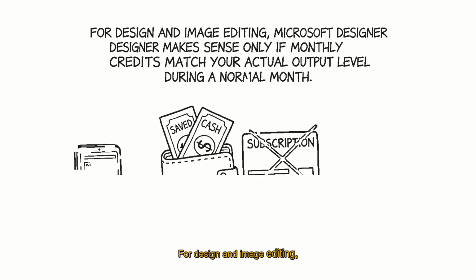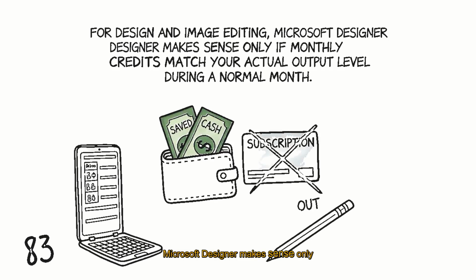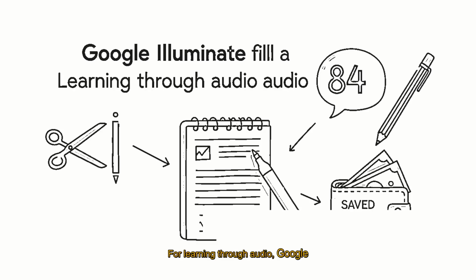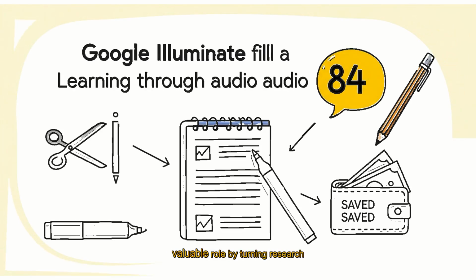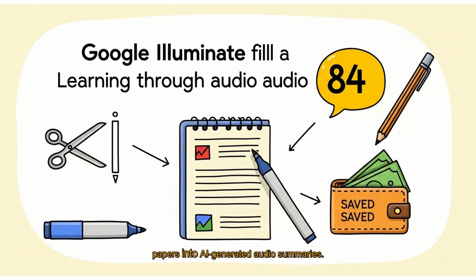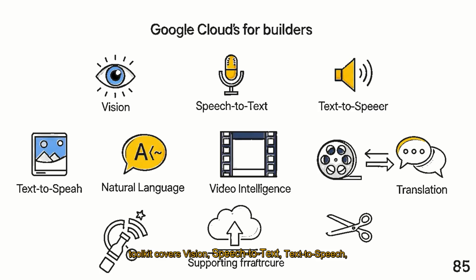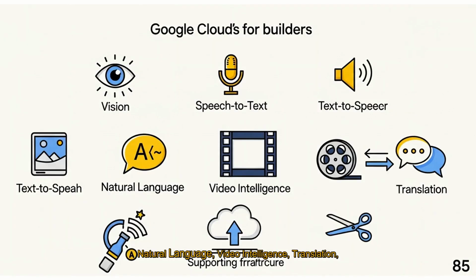For design and image editing, Microsoft Designer makes sense only if monthly credits match your actual output level during a normal month. For learning through audio, Google Illuminate fills a narrow but valuable role by turning research papers into AI-generated audio summaries. For builders, Google Cloud's free toolkit covers vision, speech-to-text, text-to-speech, natural language, video intelligence, translation, and supporting infrastructure.